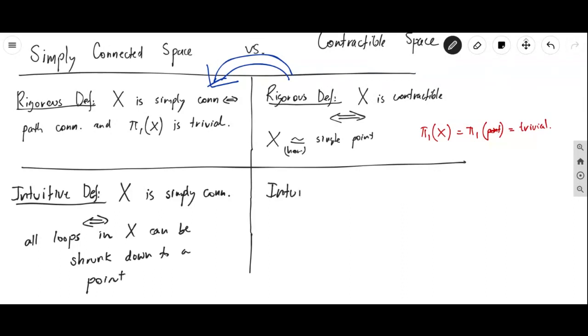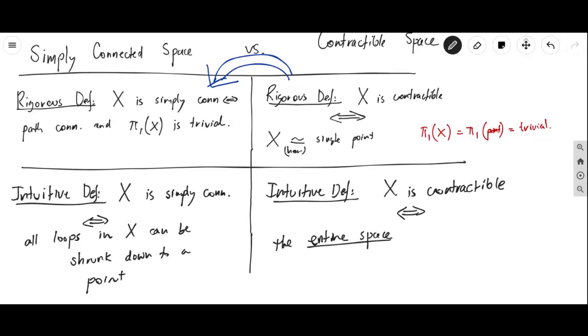And here the intuitive definition would be that X is contractible if and only if the entire space, not just loops, you see, that's why it's saying more, can be shrunk down to a point. So that's the difference. Now you can see why this makes sense. If the entire space can be shrunk to a point, then loops, which are part of the space, like a smaller subspace, can also be shrunk down to a point.